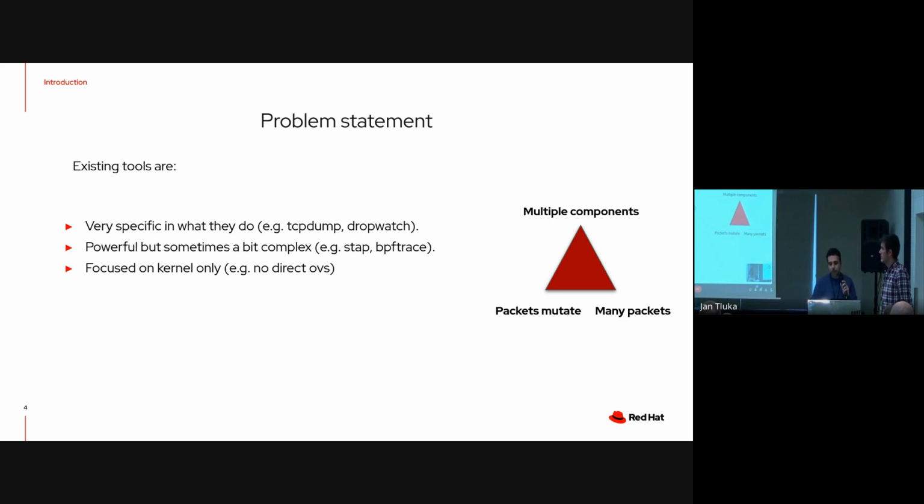For example, tcpdump and dropwatch, and so you might want to use more of them, and you might need multiple iterations to understand what's going on. Others are very powerful, but they provide you building blocks on top of which you have to develop scripts and find your solution. Some others simply do not support OVS, for example.